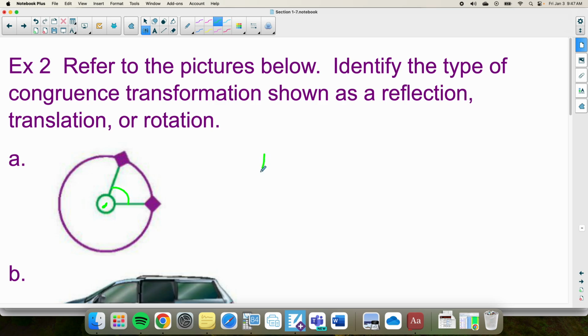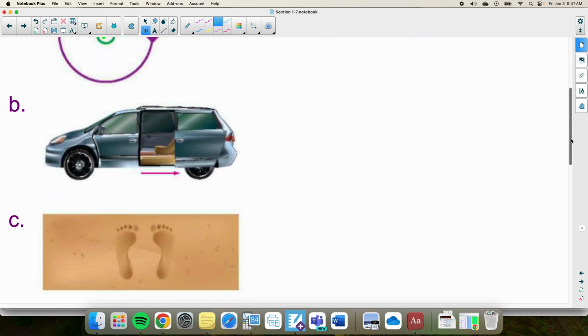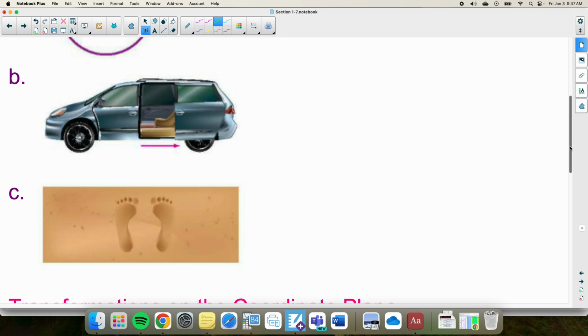So this one is a rotation. You're just looking at this point going to there. Okay? Now here, what about a van door? If you just open that up, what do you think that is? Translation. Yes, it's a translation.